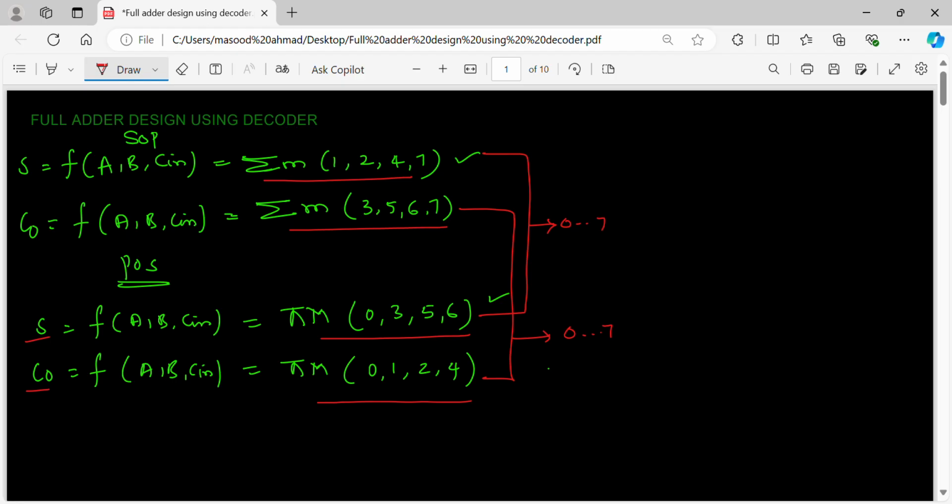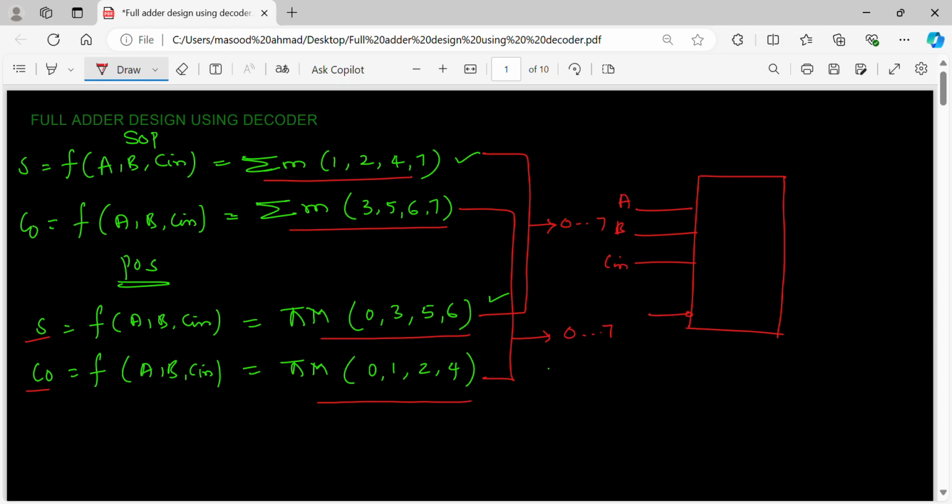Once we know this, you can implement it using a decoder. If at all you want to implement this using a decoder, how many decoders are required to implement a full adder? We need only one decoder. I'll take a decoder with three inputs: A, B, C in.